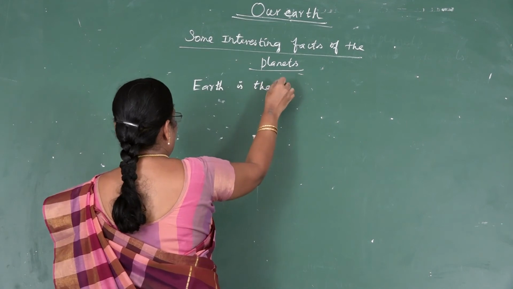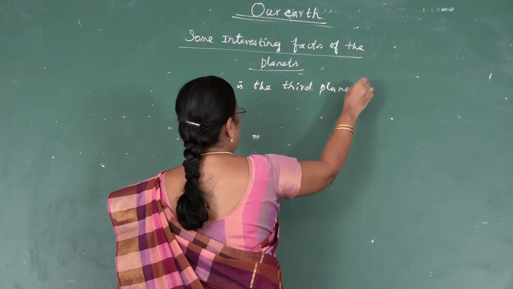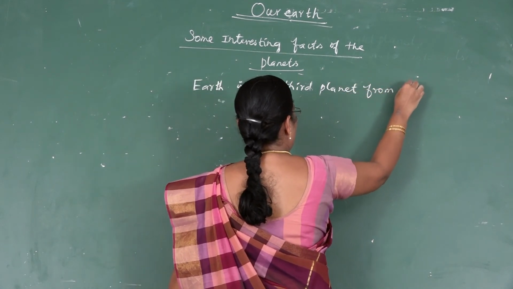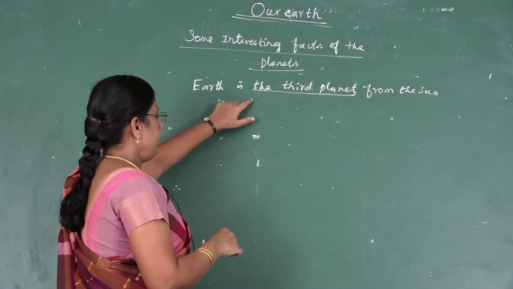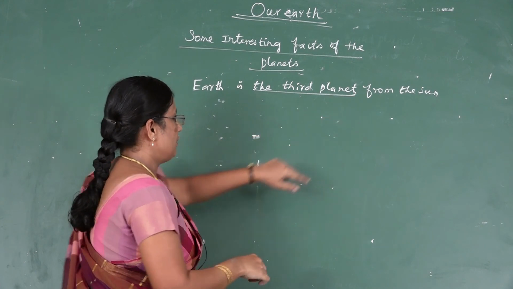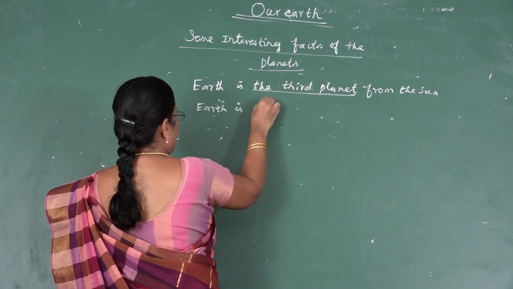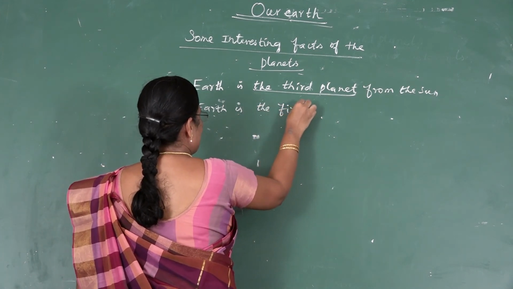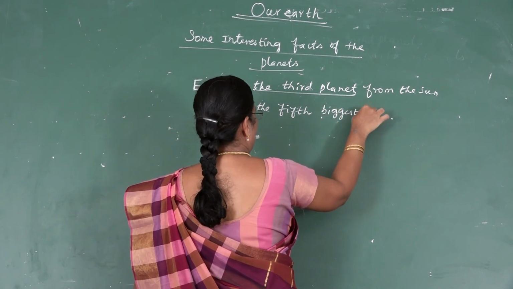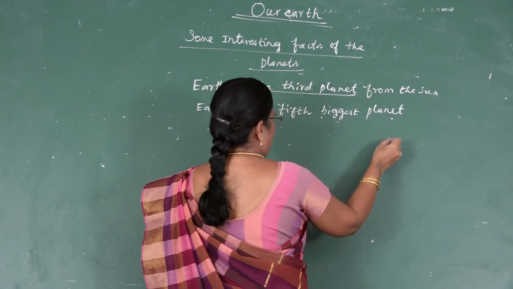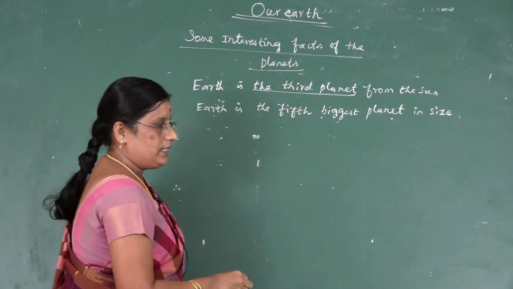Earth is the third planet from the Sun. That means the Earth is located in third position of the solar system. Earth is the fifth biggest planet in size. Mercury is the smallest planet.